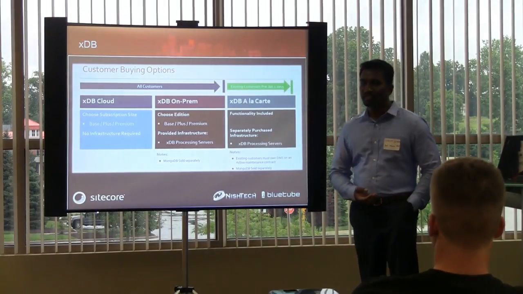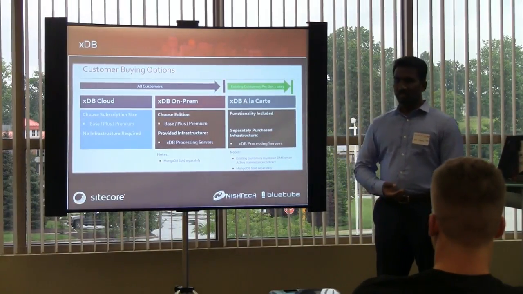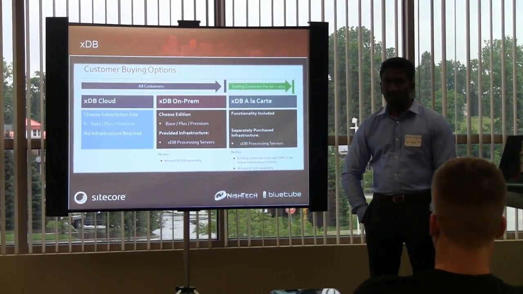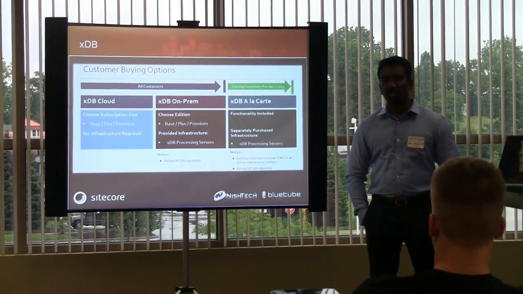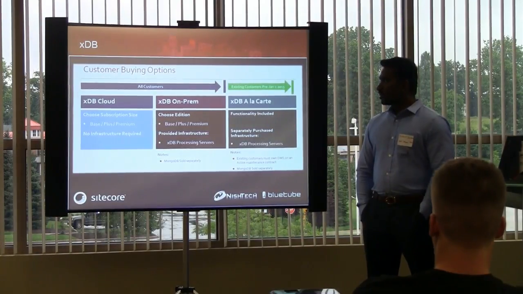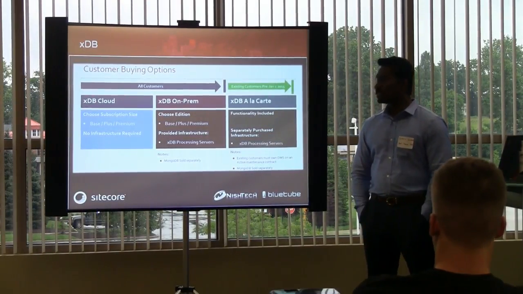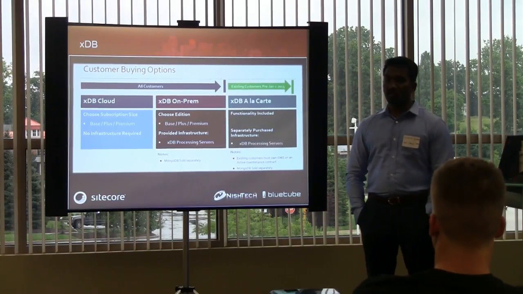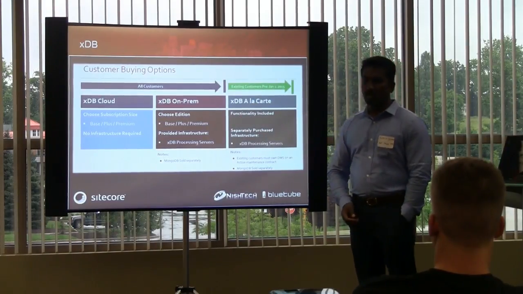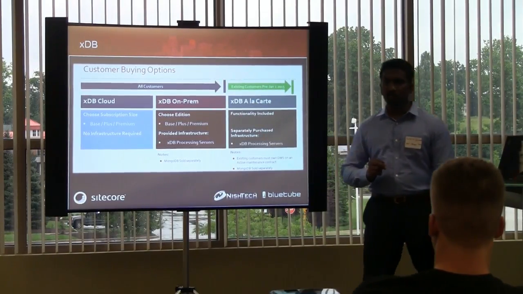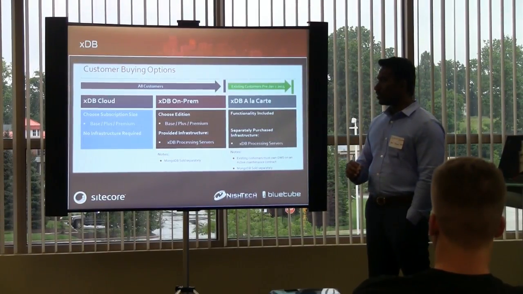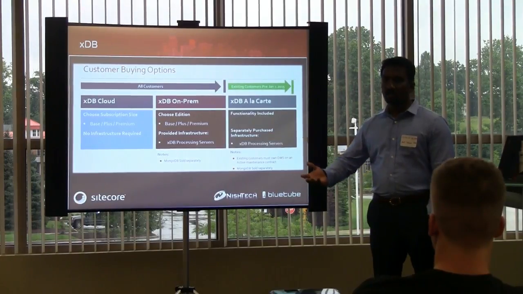Since it's a game changer, the architecture has changed. For anyone who gets Sitecore 8 or 7.5, there's a change in your server architecture. Now we've got three different buying options for a customer. If they want to use Sitecore 8, there is an XDB Cloud Edition, which is a Sitecore subscription model where you don't need to worry about having an infrastructure internally.